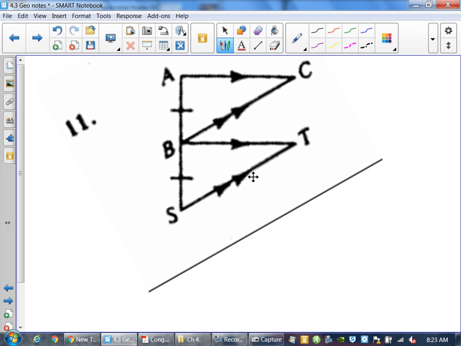So I have two parallel lines cut by a transversal. What do I know about angle CAB and angle TBS? They're not right angles, we don't know that. But they're congruent because what angle pair relationship are those two? They're in the same side. Very good. Those are corresponding.